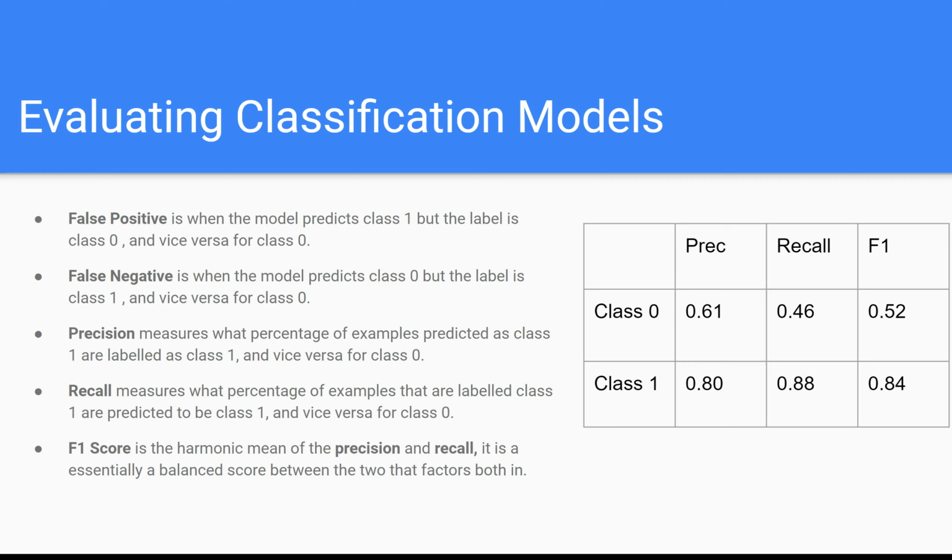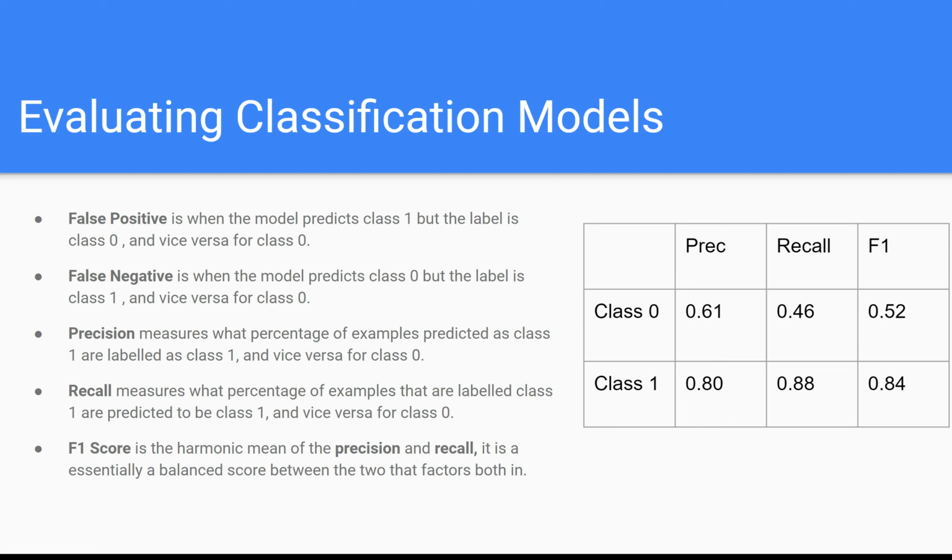That's the difference between precision and recall. With precision, we're seeing what percentage of the model's predictions as class 1 are actually labeled as class 1. With recall, of all of those that were labeled as class 1, how many were actually predicted to be class 1.